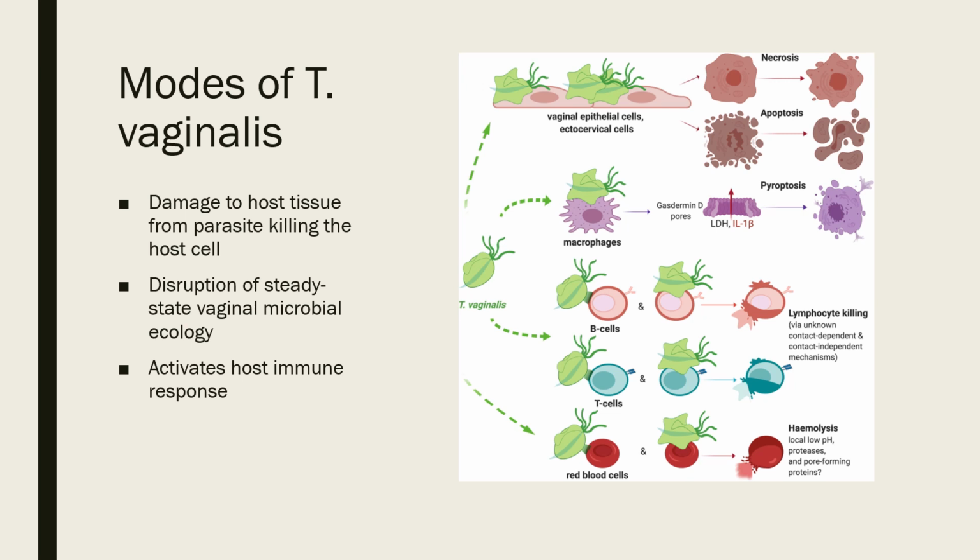So in this picture, you can see how the vaginal epithelial cells will attach, and then they will attach to other things, such as the macrophages, B cells, T cells, and red blood cells that are all coming to the inflammatory site to help, but T. vaginalis is attaching to all those other important cells and killing them.